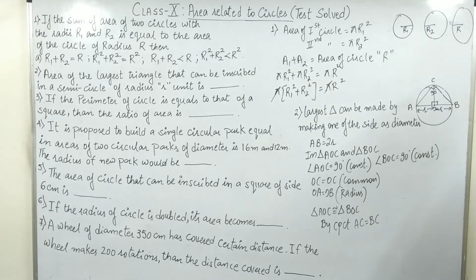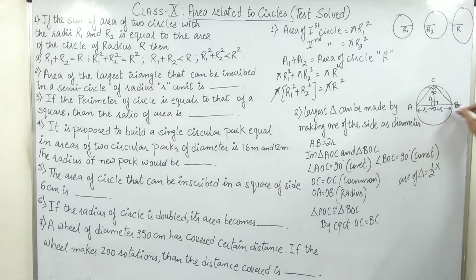Now, that simply means that if you want to find the area of the maximum triangle, so area of triangle, now since it is equal to your R, right? So the area of the triangle should be equal to what? That is 1 upon 2 into base. What is base?